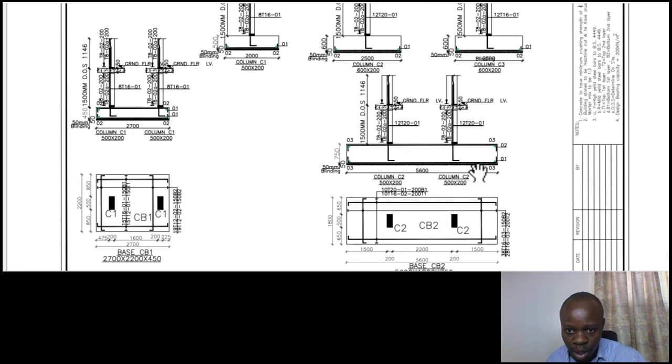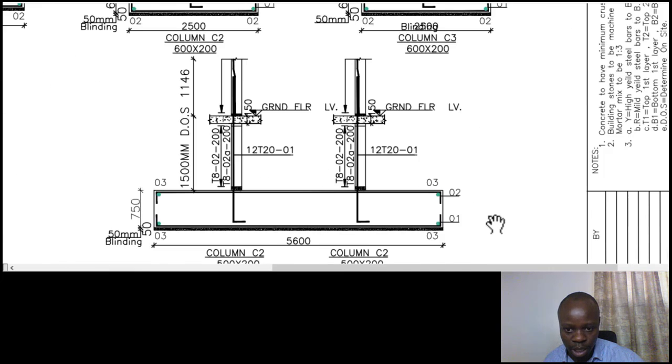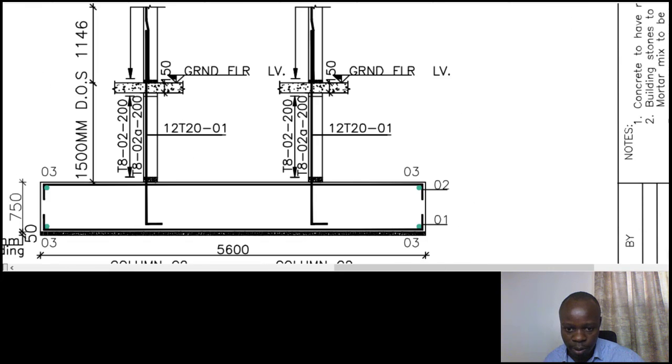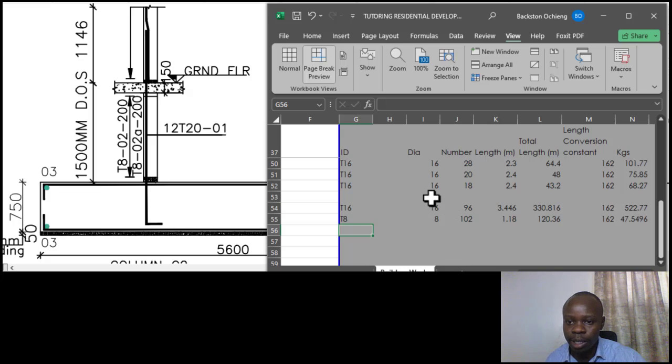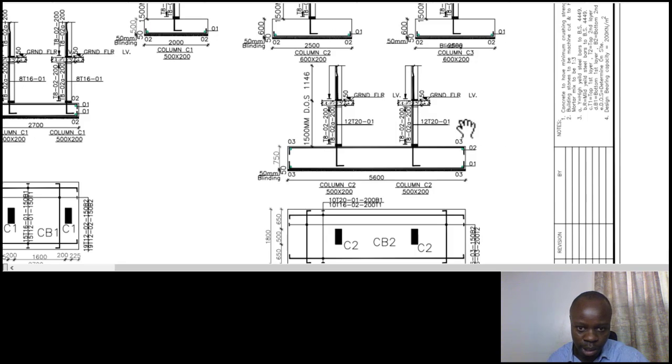So looking into this, where is it? C2 is here. So we have column C2 at this particular point. I'll just zoom it in properly so that you are able to follow and see what we are talking about. So this is where it is.